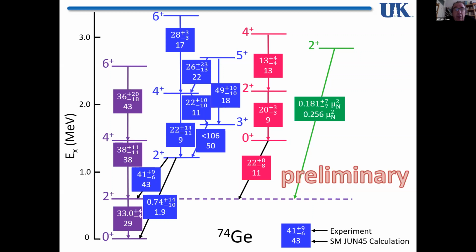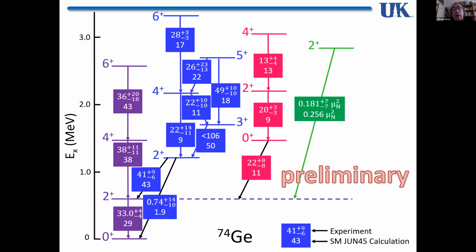I fully agree with this message of trying to benchmark the calculations, and as you have shown, most of the shell model calculations cluster in one value, and all the other calculations cluster in another. And this is a very interesting structured discussion. The question is about the quadrupole moments of the double beta decay, the spectroscopic quadrupole moments of the two pluses.